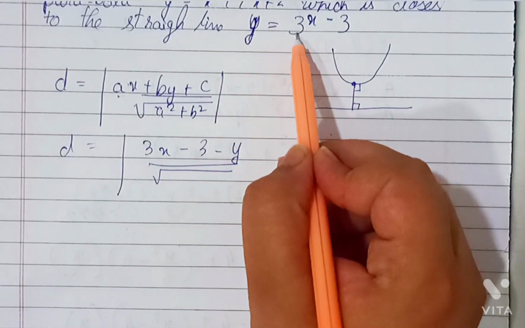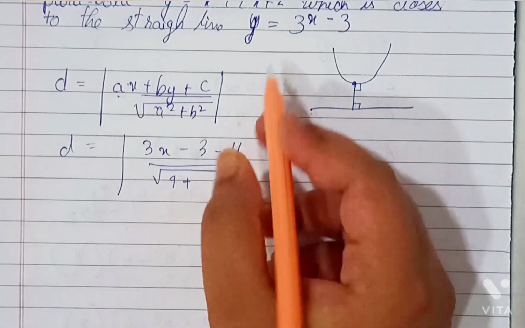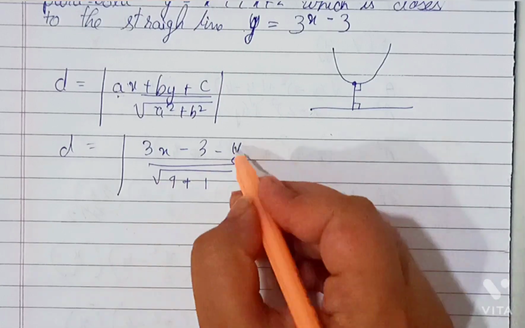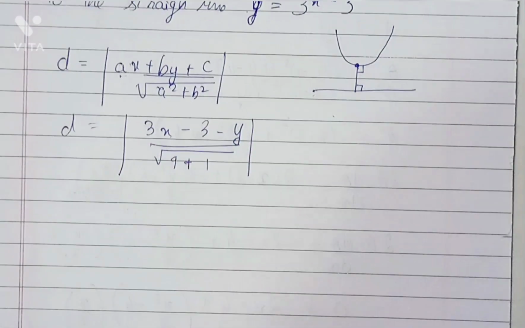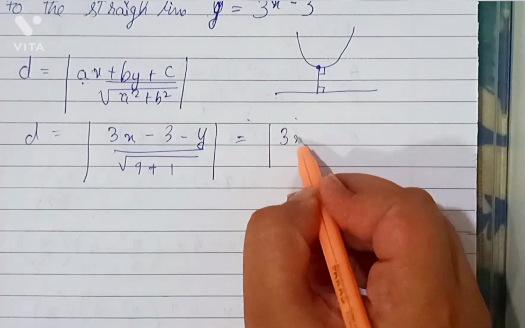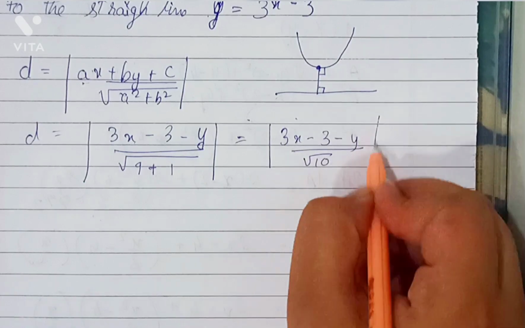So coefficient of x is 3. So I'll take 3 square plus coefficient of y is 1. So 1. Alright, now I'll solve it further. So 3x minus 3 minus y upon root 10.